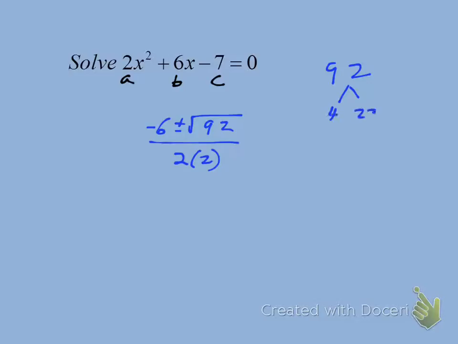So 4 and 23. 4 goes 2 and 2, 23 is prime. So you have a pair of 2s that come out. Alright, so you have negative 6 plus or minus. Okay, pay attention how I take care of this one now. 2 square root of 23 all over 2 times 2 is 4.